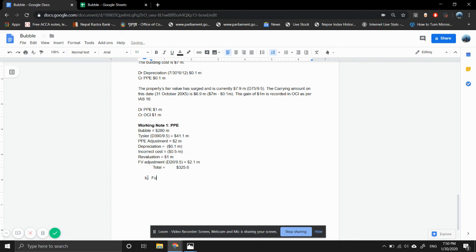From the standard, the functional currency is the currency of the primary economic environment in which the entity operates.